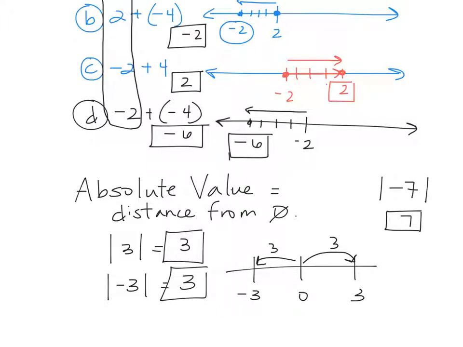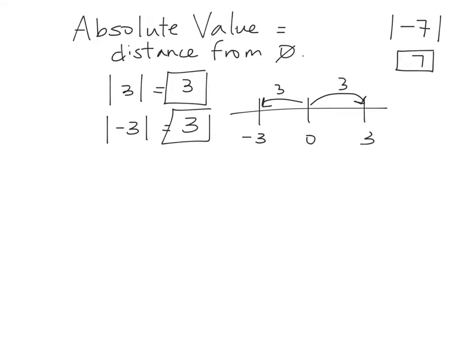Here it is. I'm going to write the rule out for you for adding with the same sign and adding with different signs. So the first thing we're going to do is if we are adding numbers with the same sign.